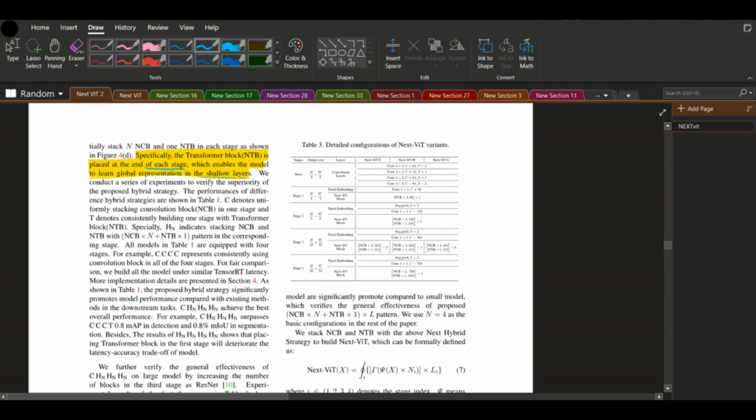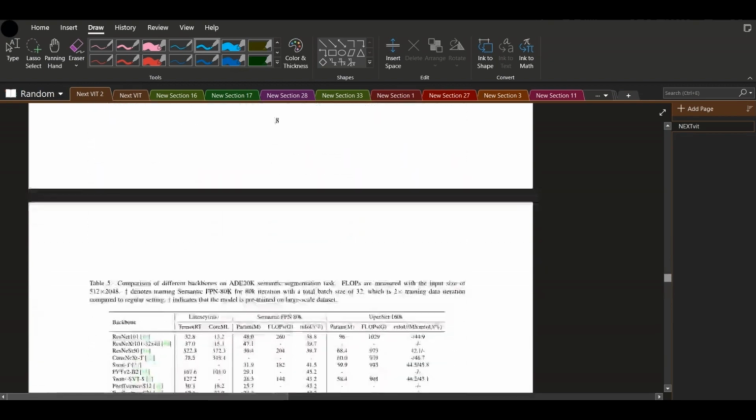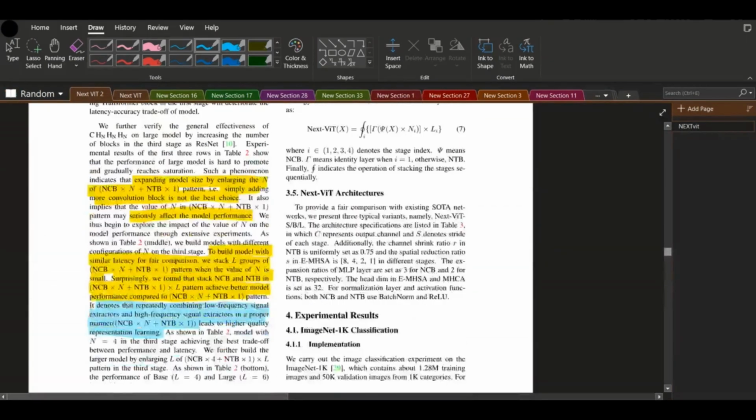They mean that those layers that are close to the input can also learn global information, which I find quite important, because not only does the entire architecture learn global information at the end, but the shallow layers can also have global information, and therefore each level has global information. I quite find that to be quite good, honestly.